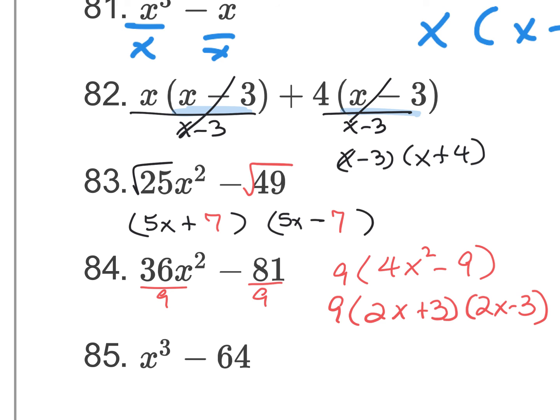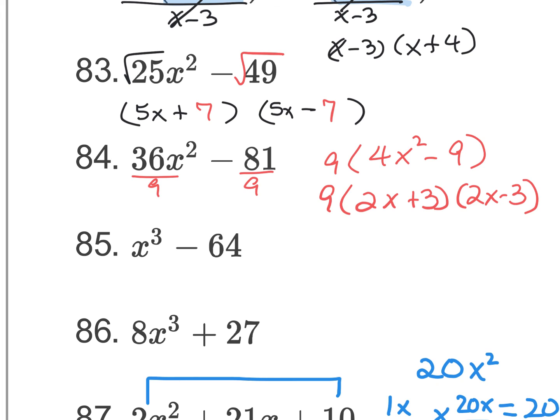85 is a perfect cube. So remember, you're going to cube root. This will be in the first parentheses. The cube root of x to the third is x. Cube root of 64 is 4. I'm using my SOAP pattern. Same sign. The next parentheses is the x squared.